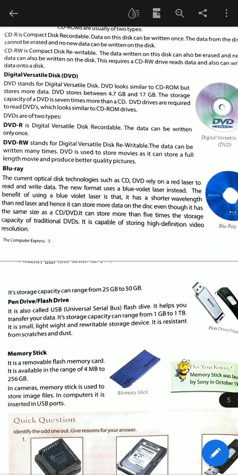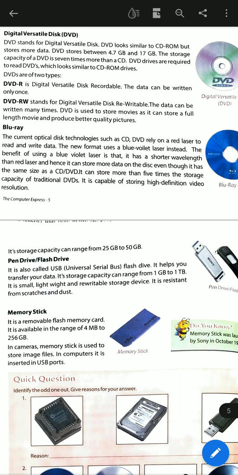It is capable of storing high definition video resolution, so it will give you high quality video. Its storage capacity can range from 25 GB to 50 GB.